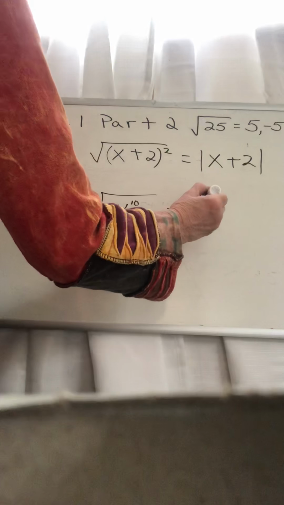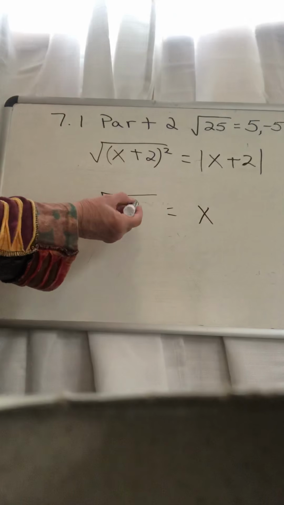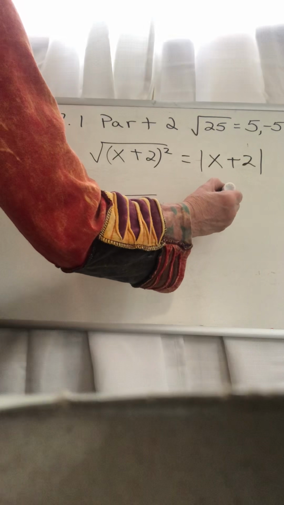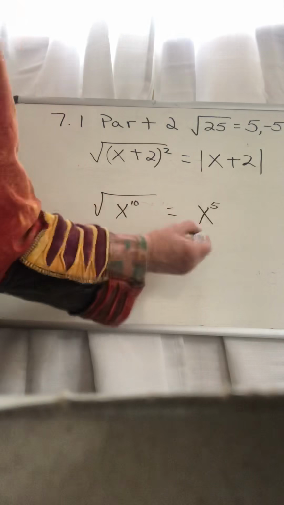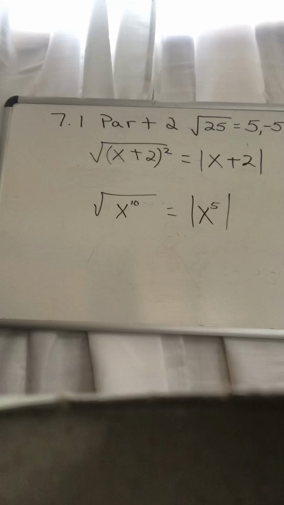So remember, with this one, we divide the exponent by 2. So we get x to the 5th. And again, we're assuming that the variable can represent any real number, and so we leave it in the absolute value bars. And go ahead and do number 3.